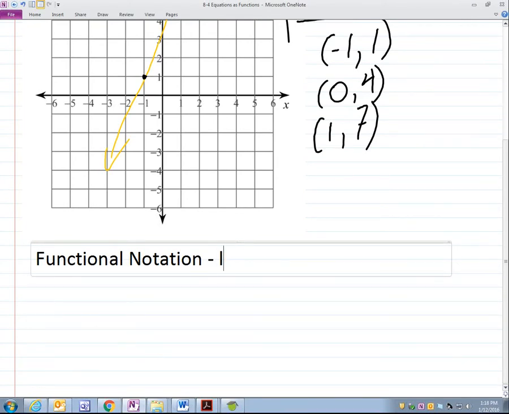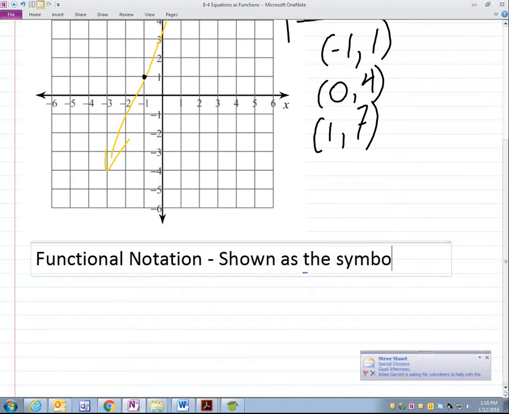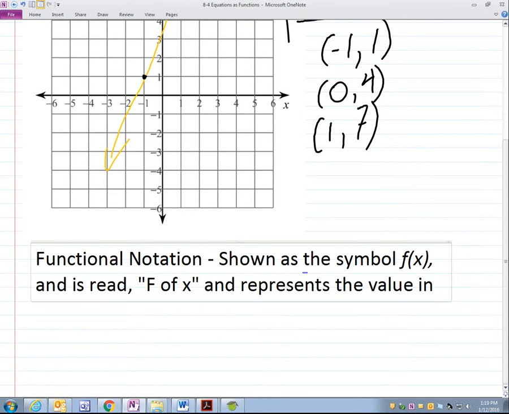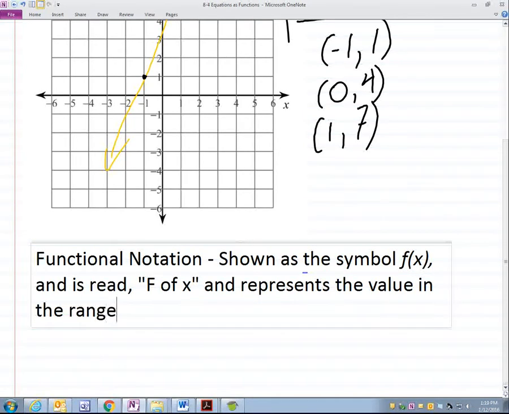It's a bit wordy, but function notation is shown as the symbol f of x, and it represents the value in the range.